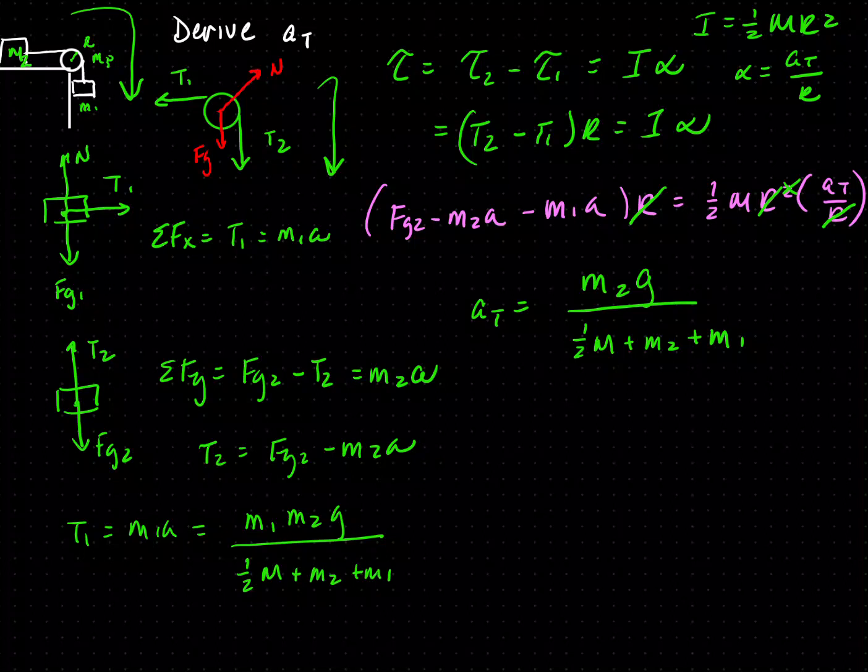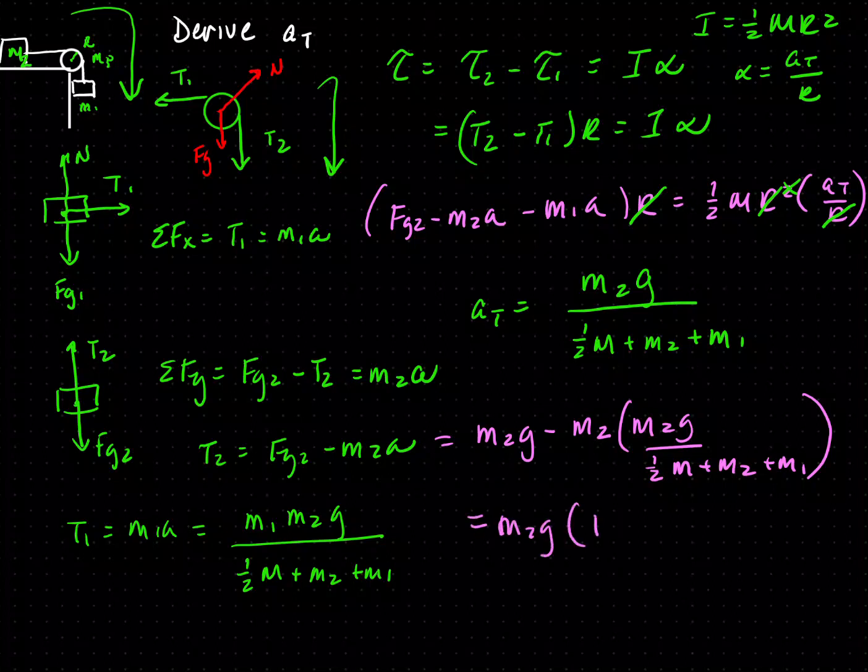To solve for T2, this is going to be M2G minus M2 times M2G over 1/2 M plus M2 plus M1, and I could factor out an M2G. So this is 1 minus M2 over 1/2 M the pulley plus M2 plus M1.